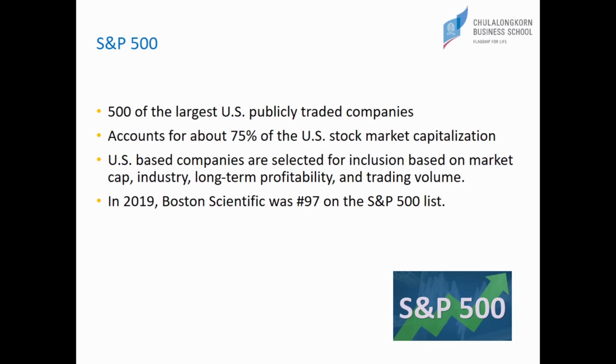In 2019, this company was ranked 97 in this list. So Boston Scientific is considered a very, very big company. Okay. So we're going to see what drives Boston Scientific's profitability, and whether this trend is sustainable.